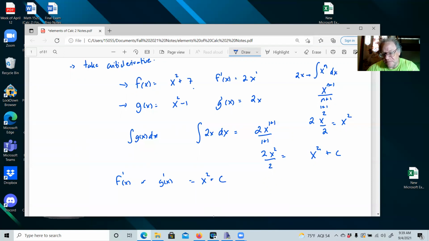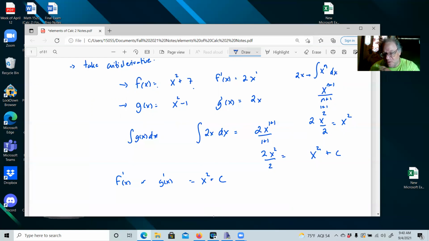We might need some additional information to decide what the value of this constant is. But that does fulfill the conditions that both of these antiderivatives will be solutions for the same function. So this answer will serve for both of these.